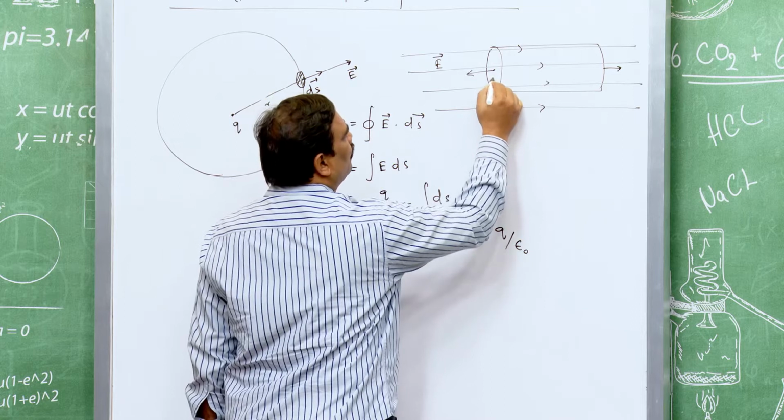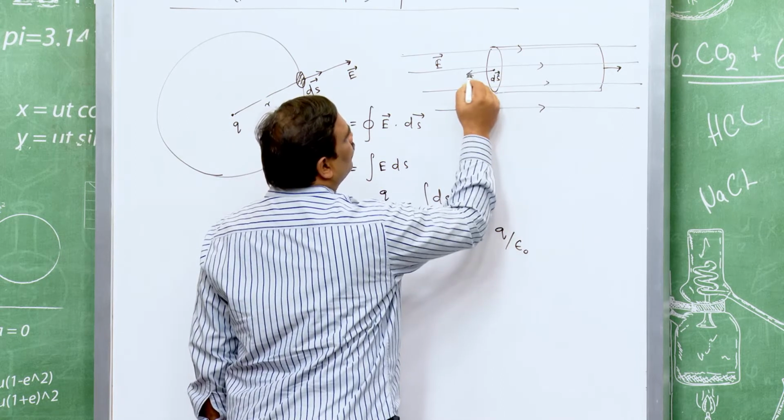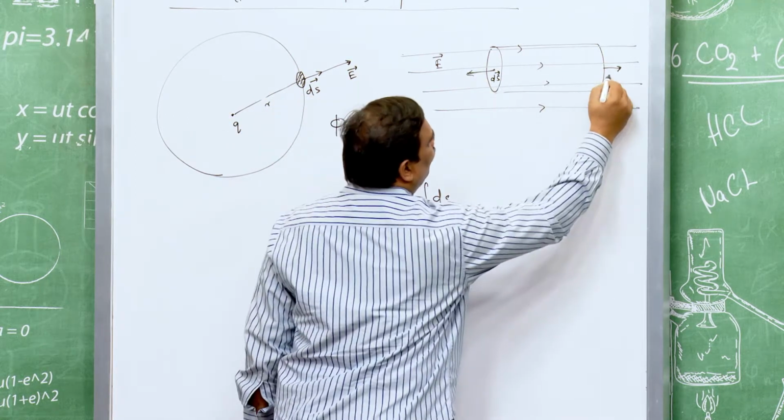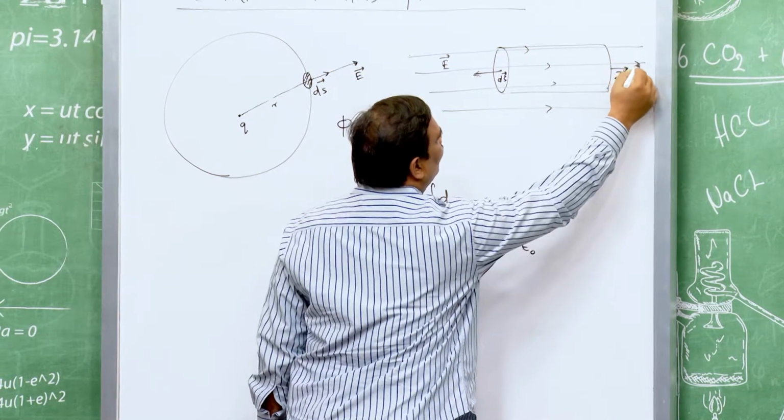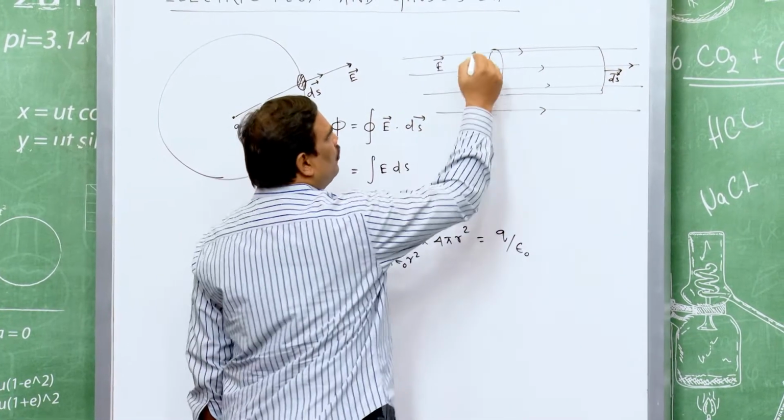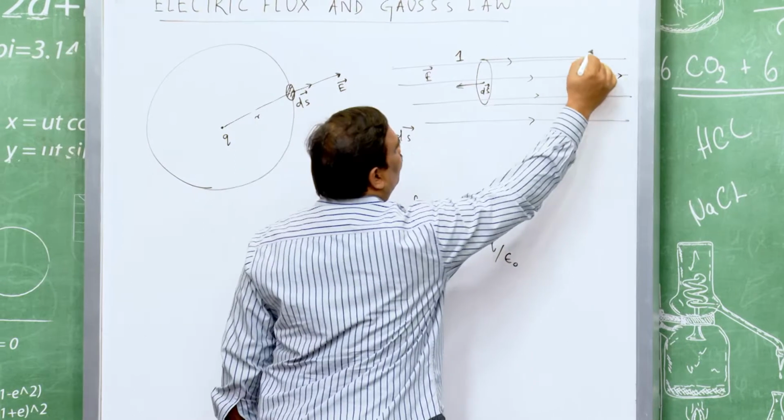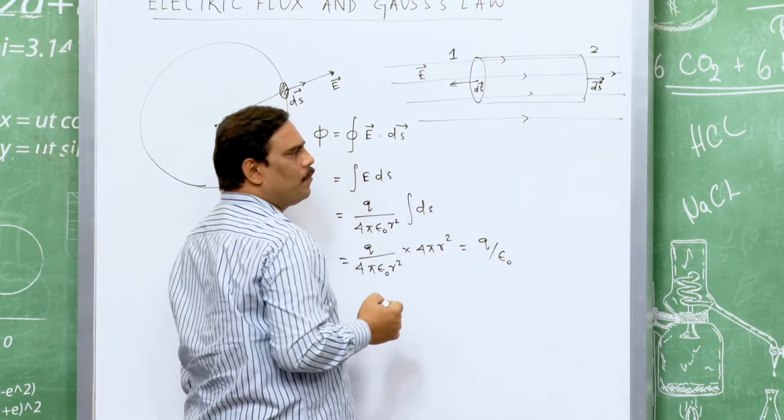One is ds oppositely directed and the other one ds which is in the direction of electric field. So, this is my surface number 1, surface number 2.